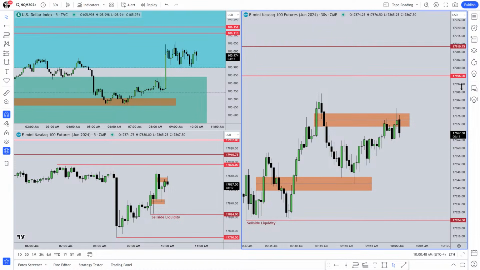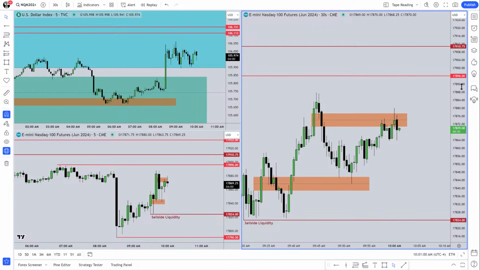Who's made money so far since the opening bell? Longs or shorts? Long holders are in the money right now. They left those smooth relative equal lows at 824.